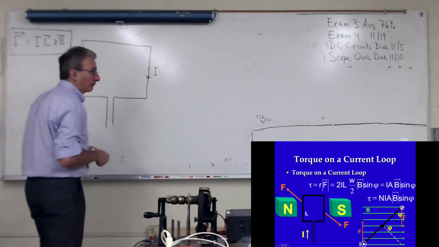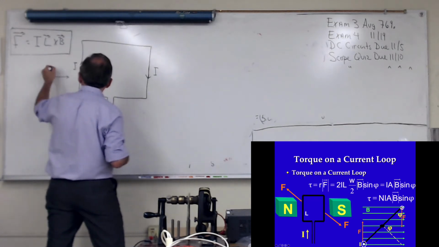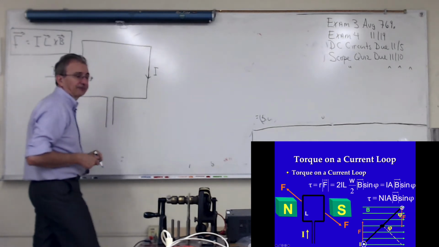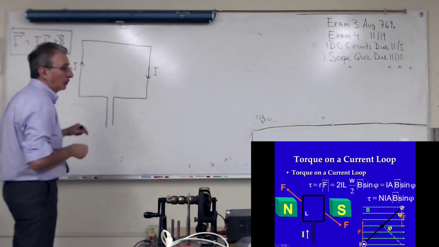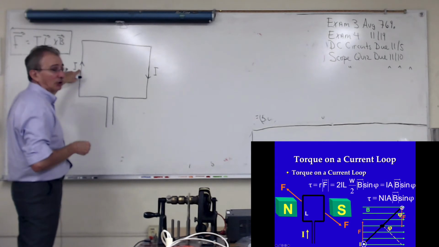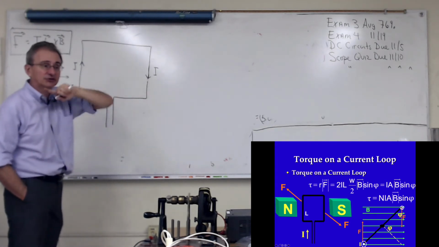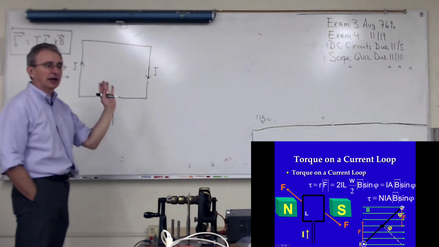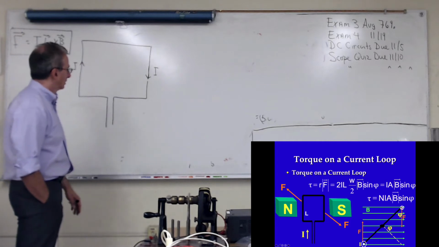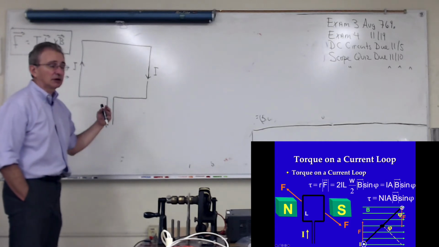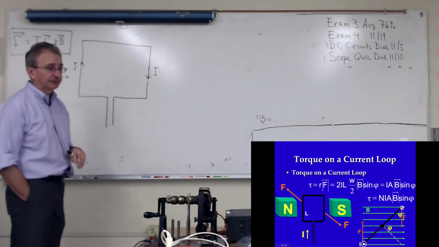And the magnetic field is that way. So we have the force on this side going into the board, the force on this side coming out of the board, as you see in the slide. And you can apply the right-hand rule to show that. So the sum of those two forces is 0 because B is uniform. You just use this equation. But it's going to rotate.